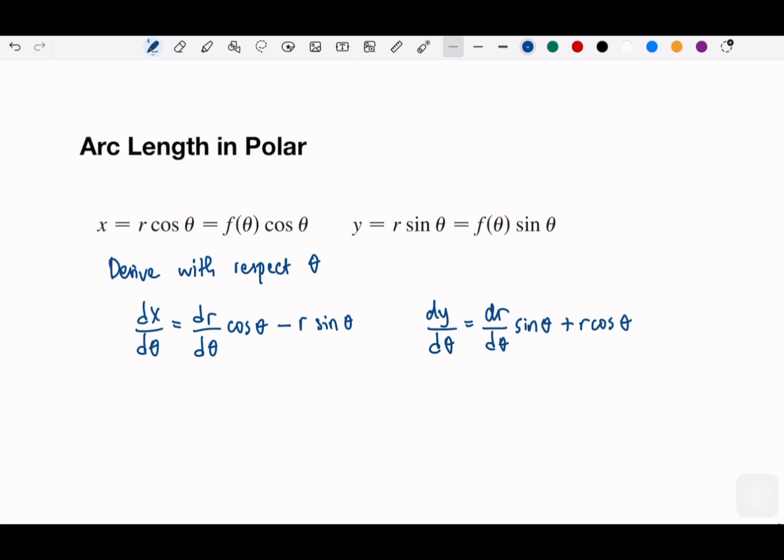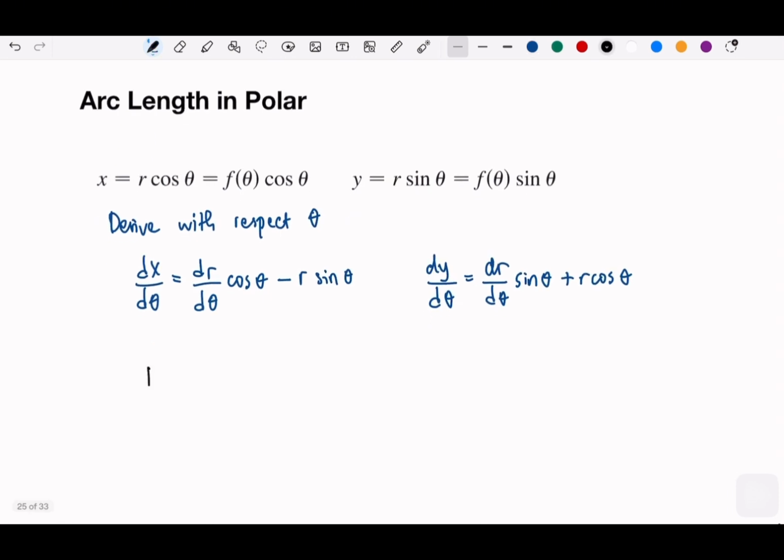So what we want is we treat this polar as parametric for the arc length, like we did previously.